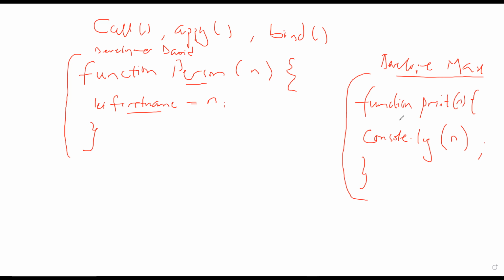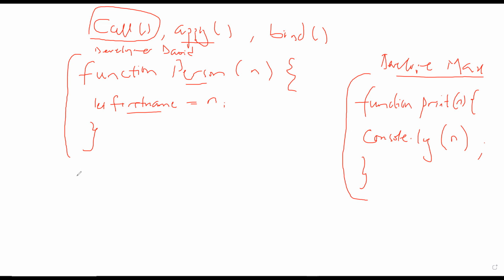David does not have access to Max's code, but David knows that Max actually developed a function that can print. So how can David access the functionality of this function written by Max? That is where you can use call, even apply. Bind, we will talk about that one later.